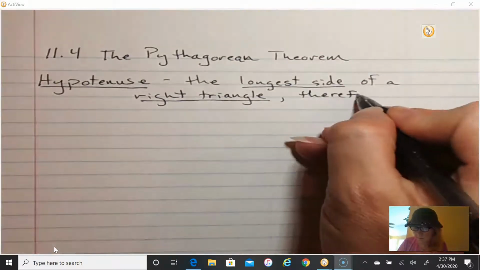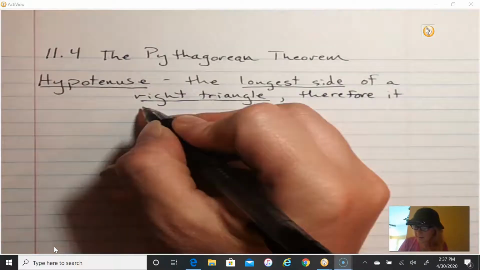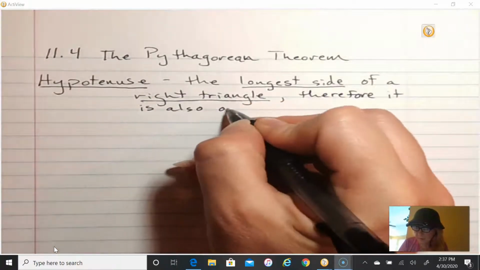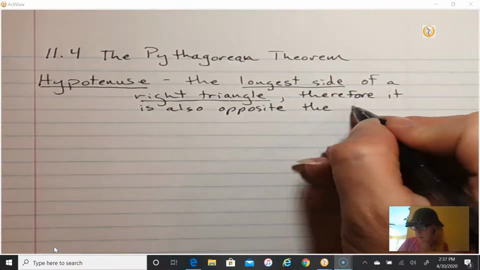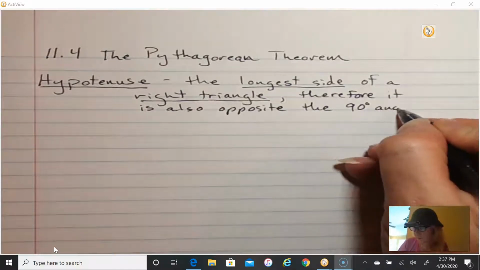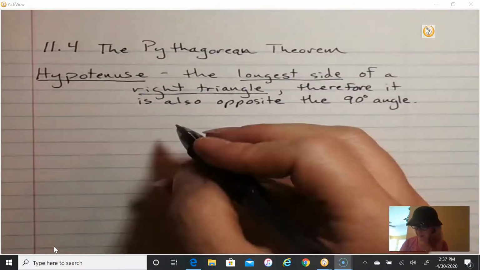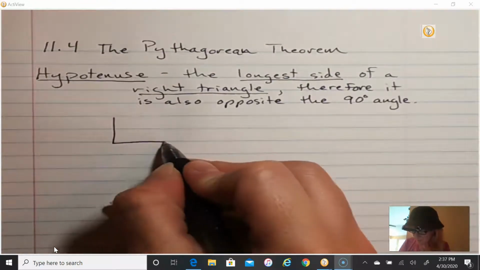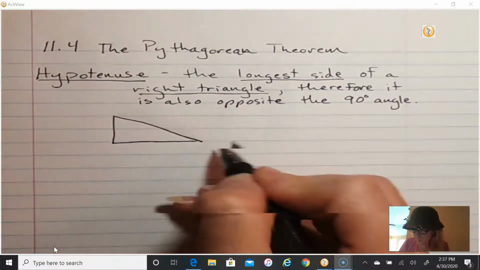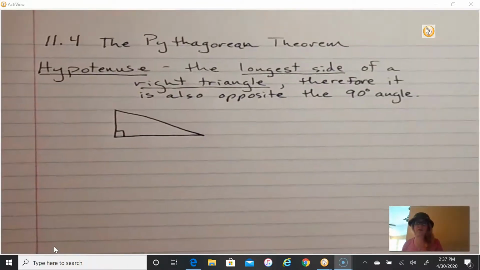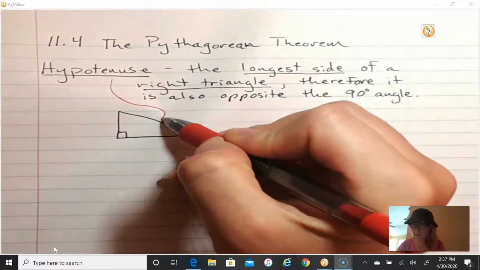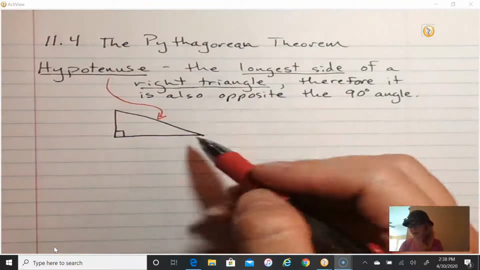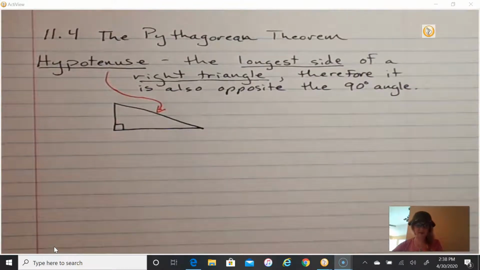Therefore, it is also opposite the 90-degree angle. It looks like this. So there's your poorly drawn right triangle. The hypotenuse is this side right here. It's the longest side of the right triangle. Okay, that's the hypotenuse.